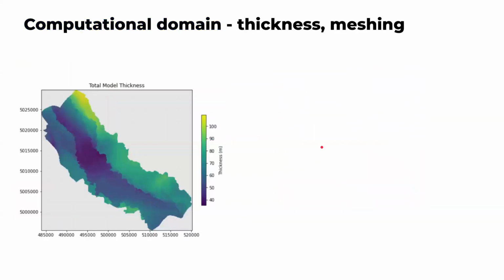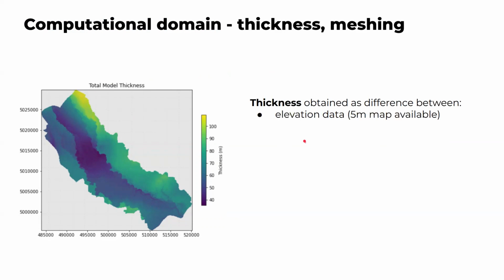Step one, computational domain. It's a 3D domain. So once we have decided the borders, we have to talk thickness. We have elevation data from a cartography map with 5-meter resolution, and we have some intuition of where the bottom of the aquifer is, thanks to some borehole data.